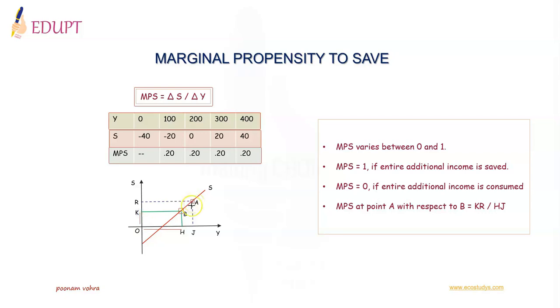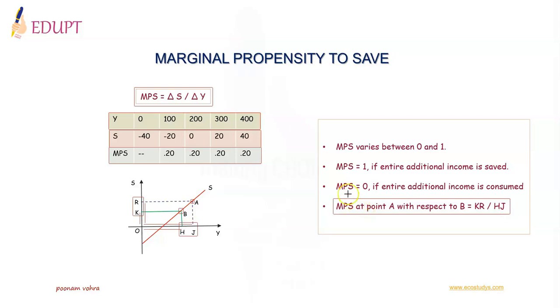At point A, income is OJ and savings OR. So marginal propensity to save would be delta S. Delta S is KR, whereas delta Y is HJ. So marginal propensity to save at point A with respect to B is KR divided by HJ.